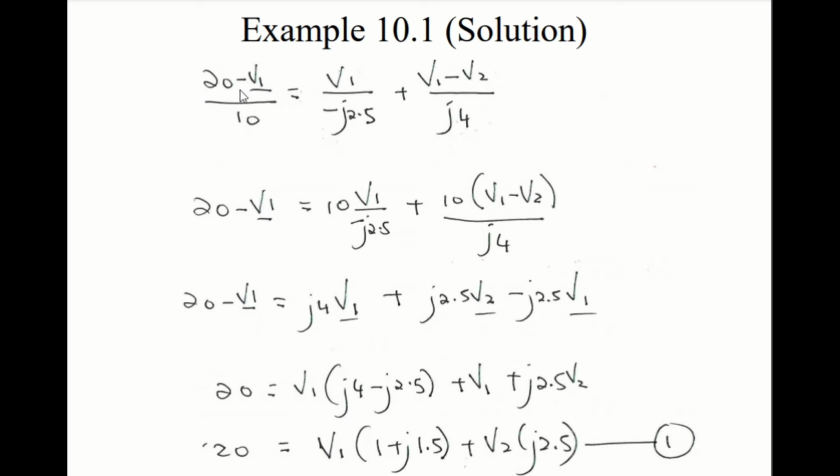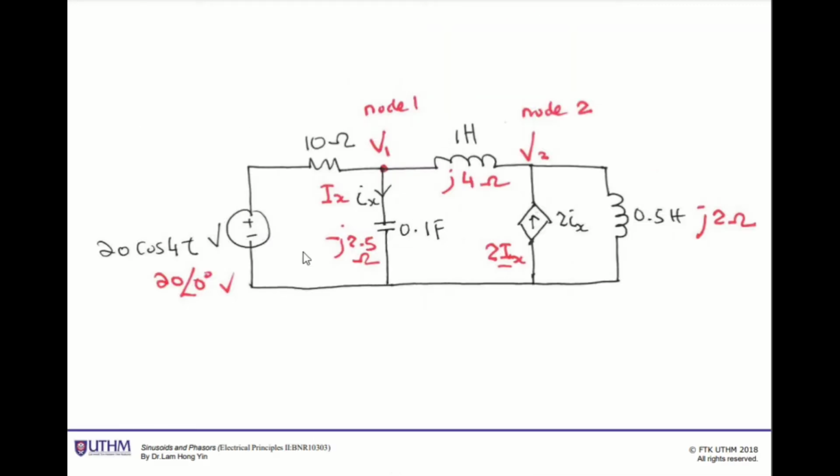So let's look for I. Because we have a voltage source over here, we have 20, the magnitude, so voltage 20 minus V1 over R, which is 10. And then for Ix, we get V1 minus 0, because it goes to the ground, over minus J2.5.